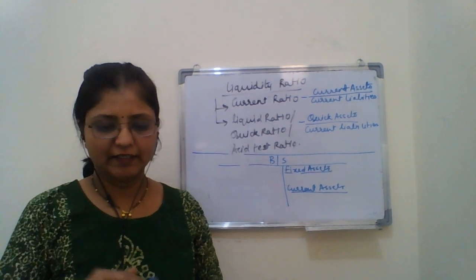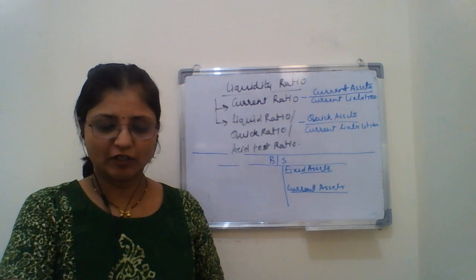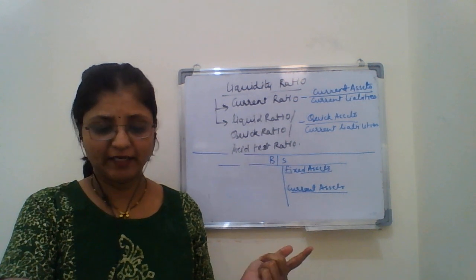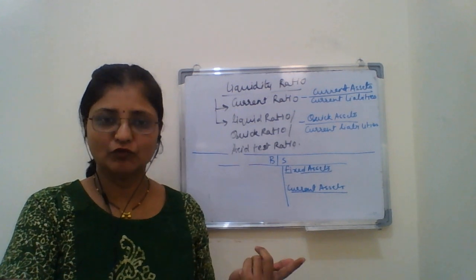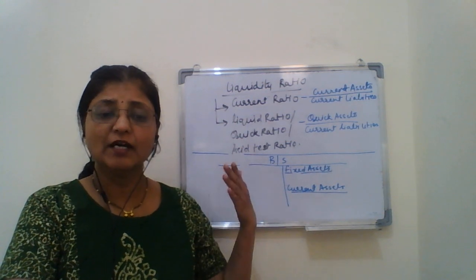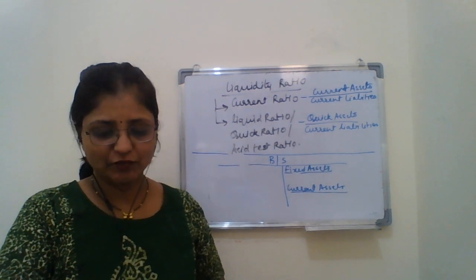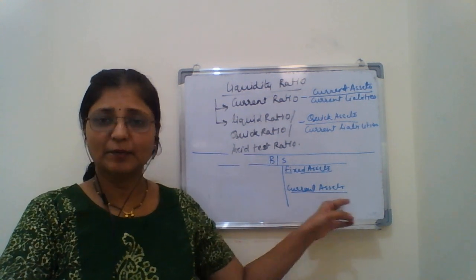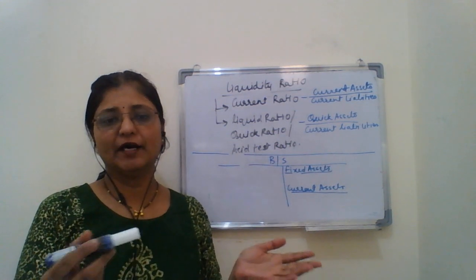The definition given in the book says current assets include current investments, short term investments and marketable securities, inventories excluding loose tools and spare parts, trade receivables, bills receivable and sundry debtors less provision for doubtful debts, cash and cash equivalents, short-term loans and advances, and other current assets. So basically all the things under this head except loose tools and spare parts are included in current assets.